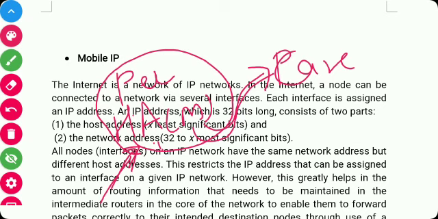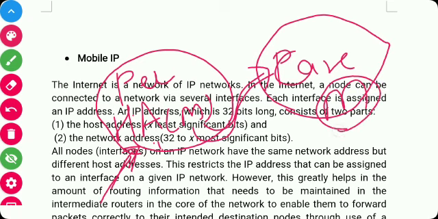When the encapsulated packet arrives at the care-of address, it is decapsulated and the original packet is delivered to the mobile node M, because M is at the care-of address.